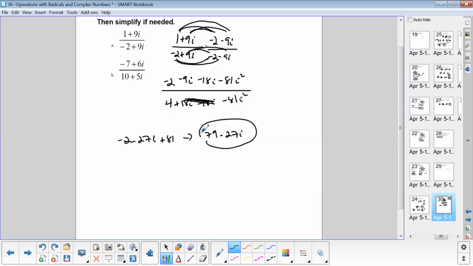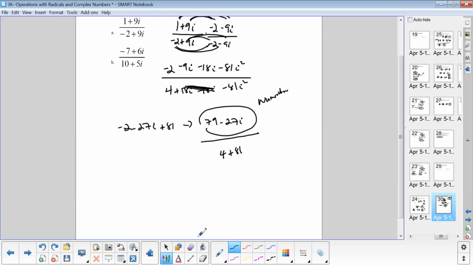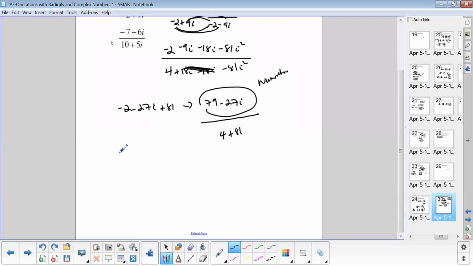So this will be your numerator, but your denominator would be 4 plus 81, or 85. So we have 79 minus 27i divided by 85.